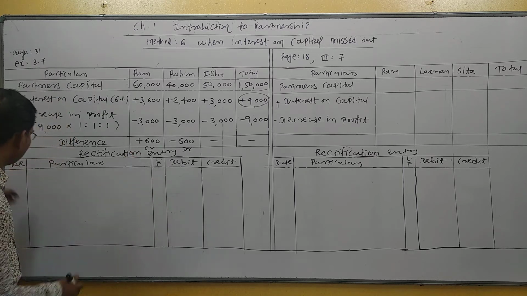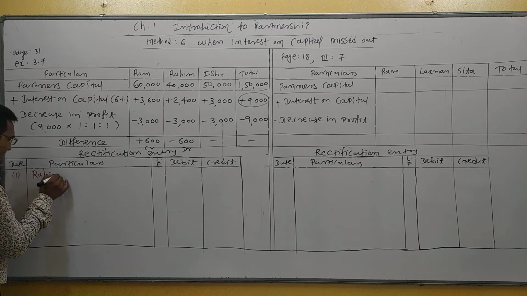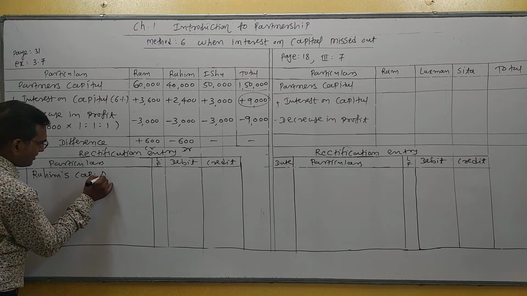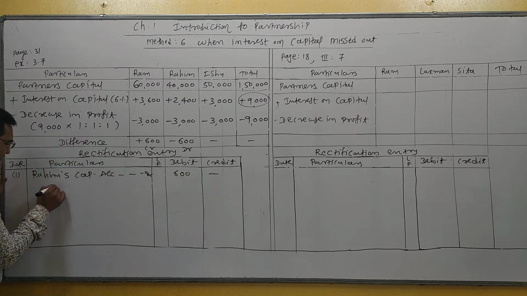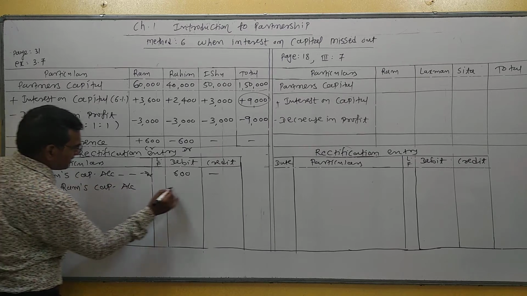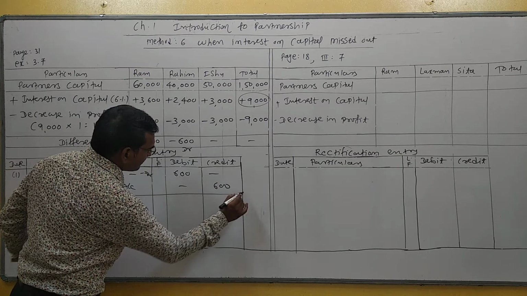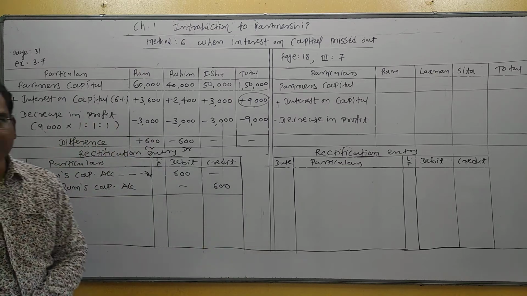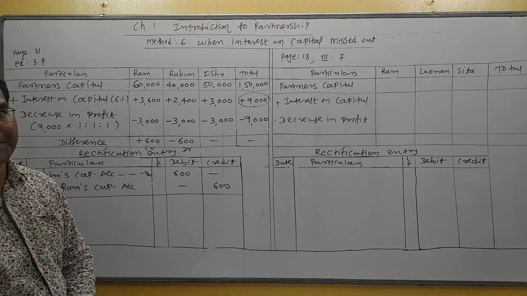So what is the journal entry? Rahim's capital account debit 600 to Ram's capital account 600. Students, this is the rectification entry and there is no need to write any narration or name, right? So this is the rectification entry.